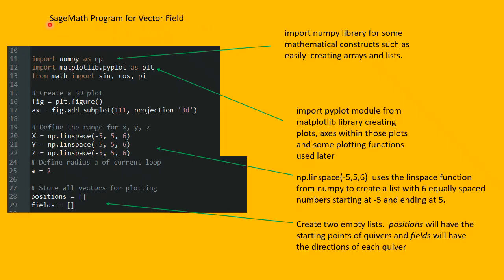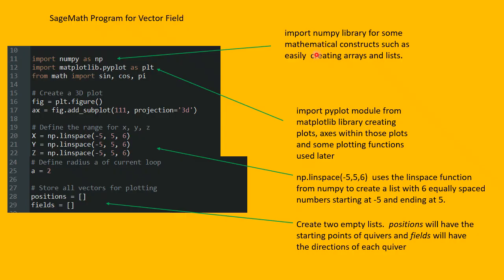So let's start to look at a Python program to create and display the vector field for this circular loop of current. First we have import numpy as np. What we do here is we import the numpy library and we're going to use some of the functions in that library to create some mathematical constructs.